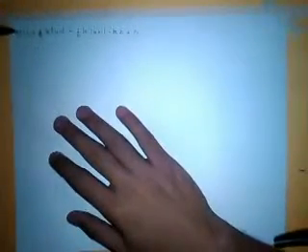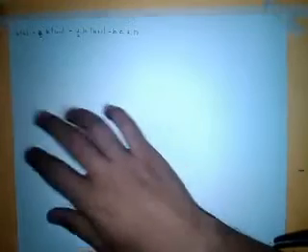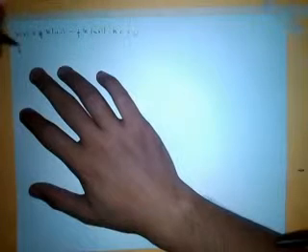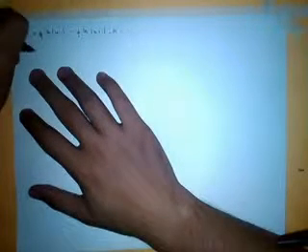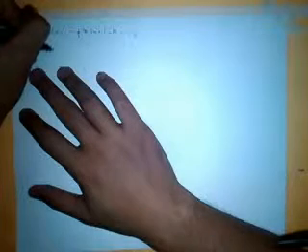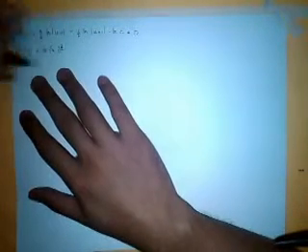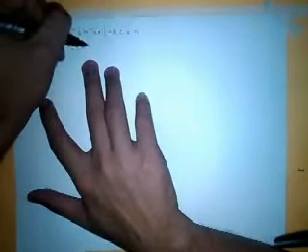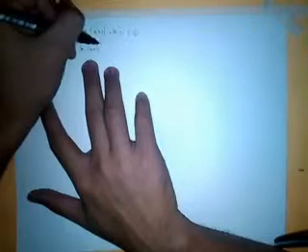Okay, from here, by using the property of ln, we have ln of x plus ln of u minus 1 to the 3/2 minus ln of u plus 1 to the 1/2.